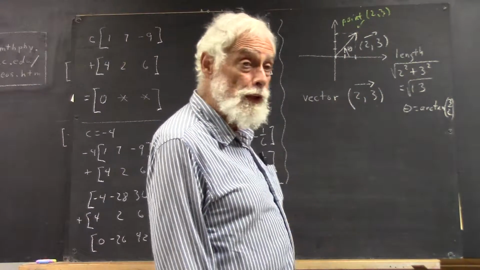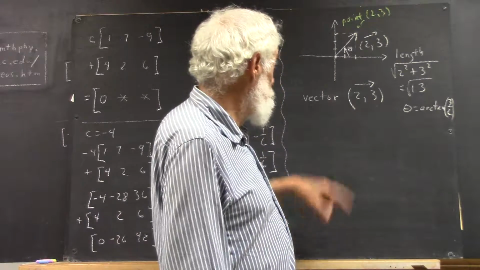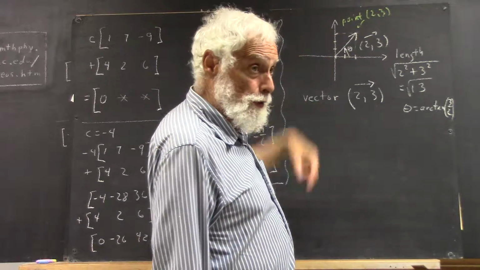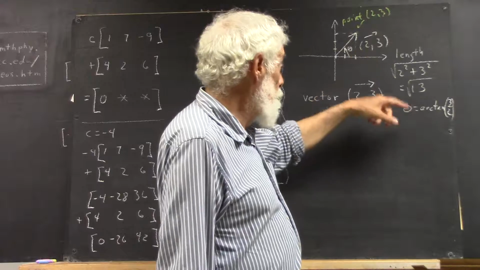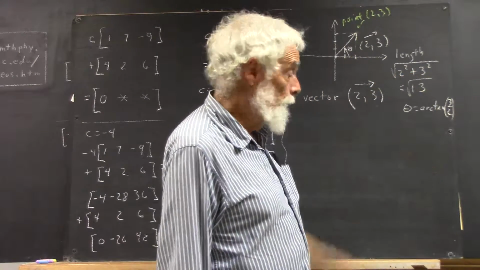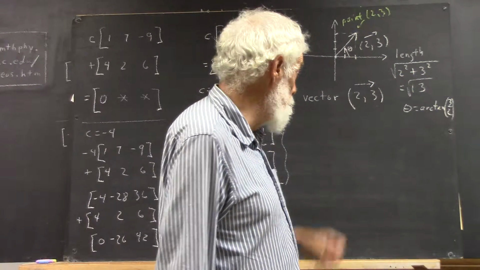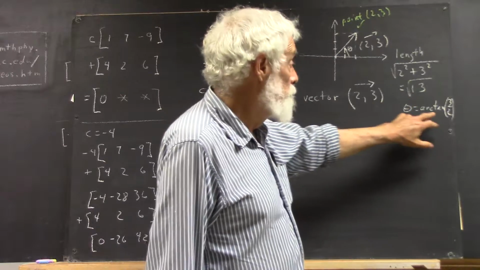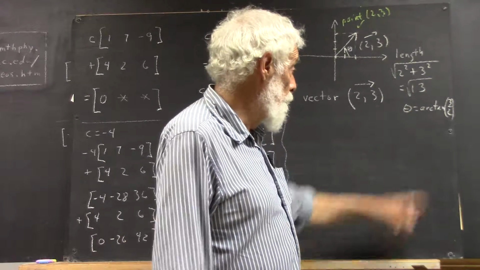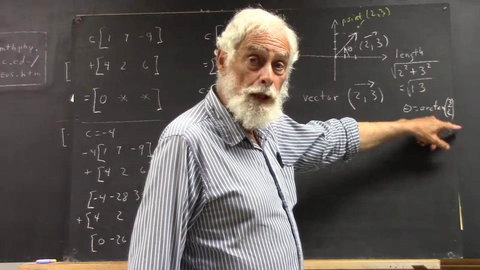What's the length of this vector? Well, the Pythagorean theorem gives you the length. This is clearly a right triangle. So the length is the square root of 2 squared plus 3 squared, which is the square root of 13. The angle, know your trigonometry, the angle is the arctangent of 3/2.